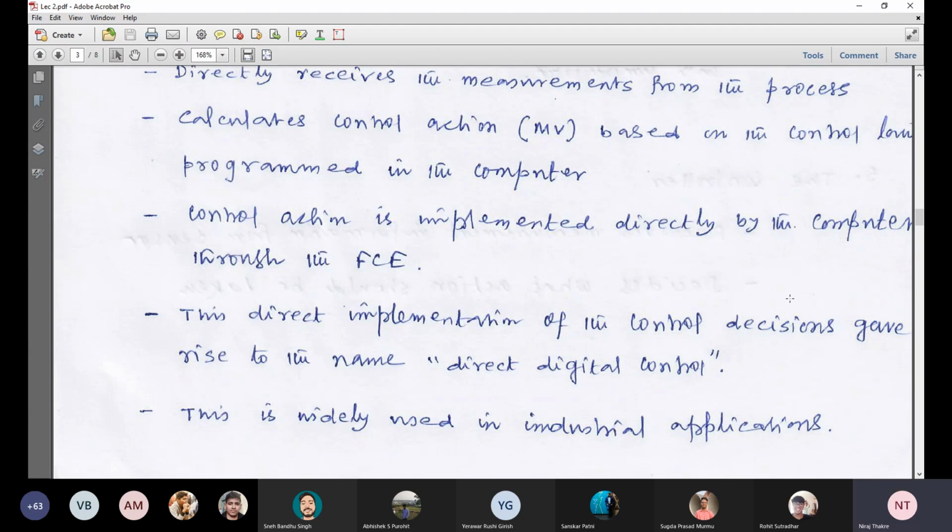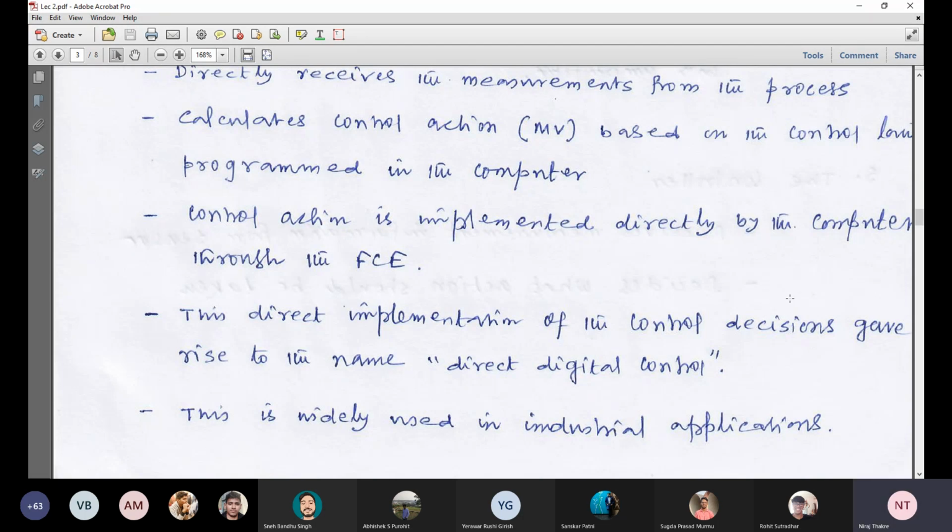Arjav Rastogi, 10011. Can you hear me, Arjav Rastogi? Aditya Agarwal, 10005. Yes, sir. Yeah, you tell me what is programmed in the computers.